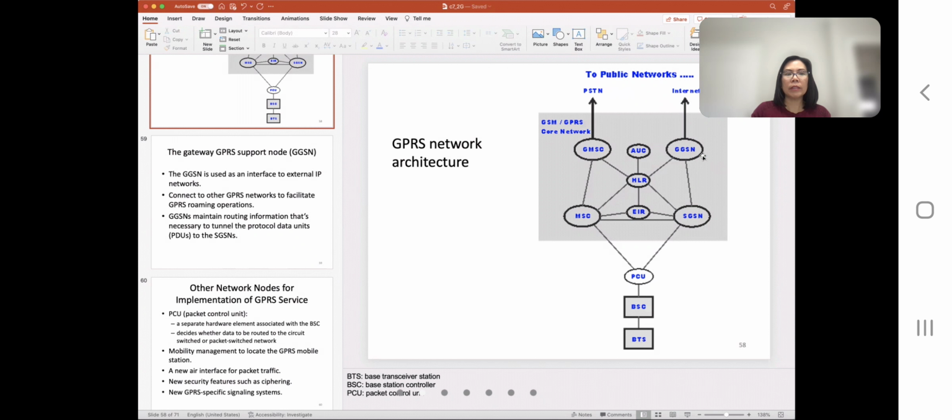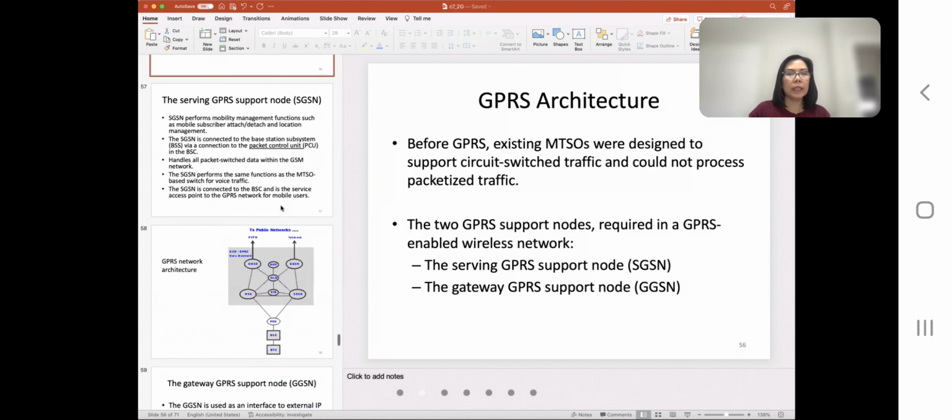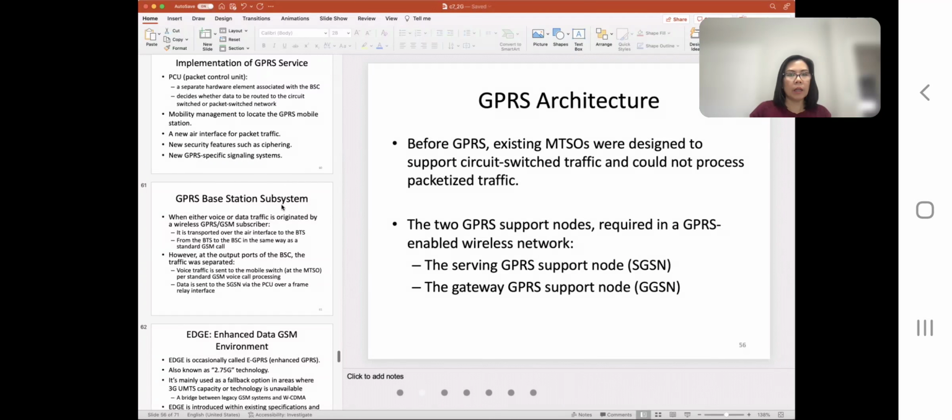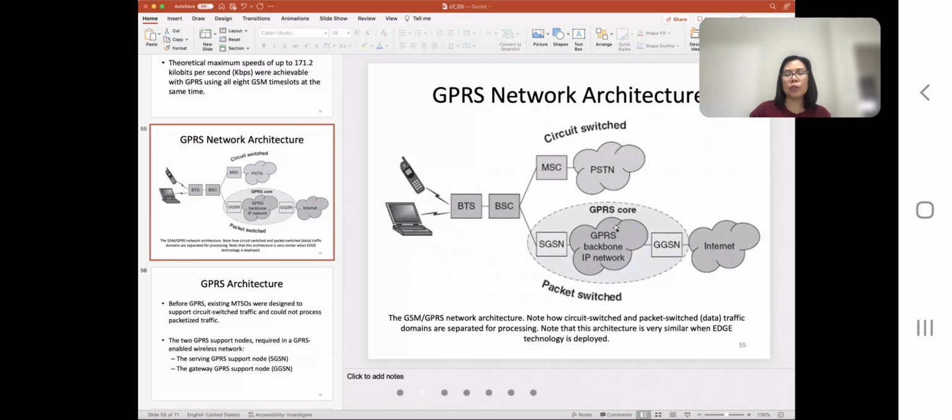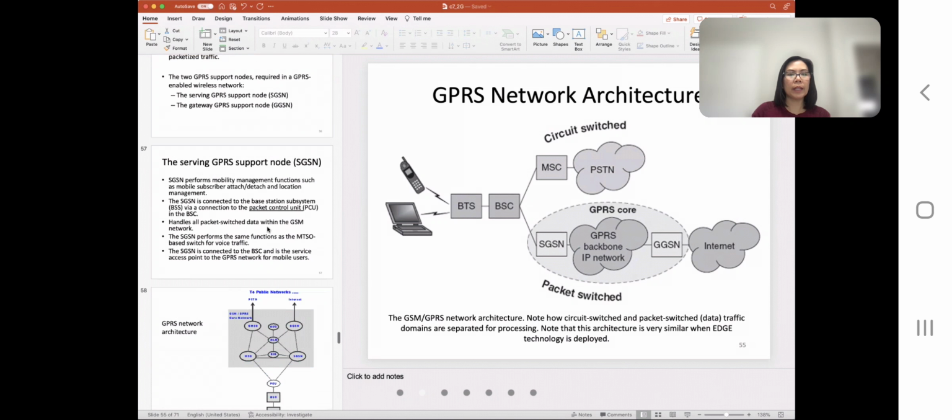And it maintains routing information, because in this diagram here, there should be some routing to be done this way, and routing to be done from here to the internet. So this is the function of the GGSN, to do the routing.